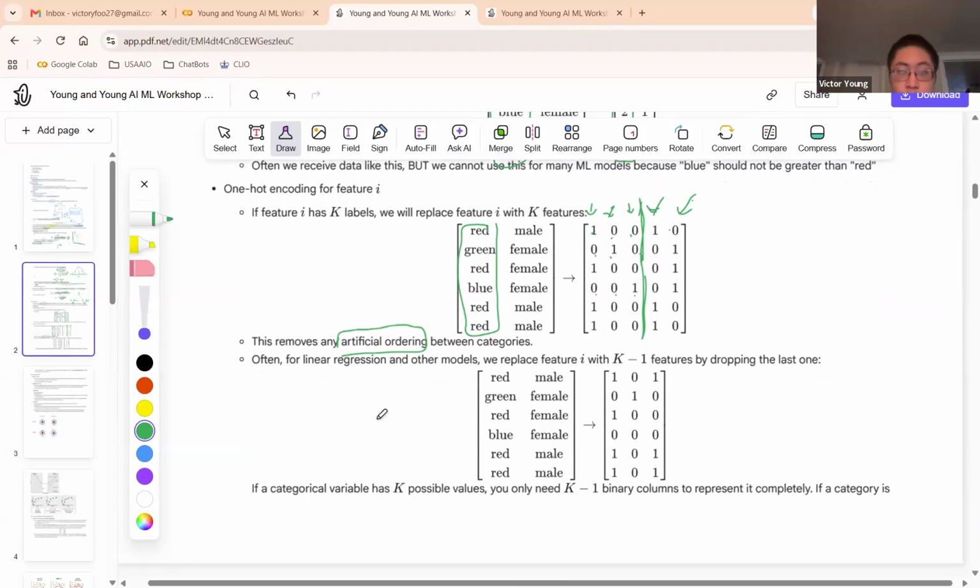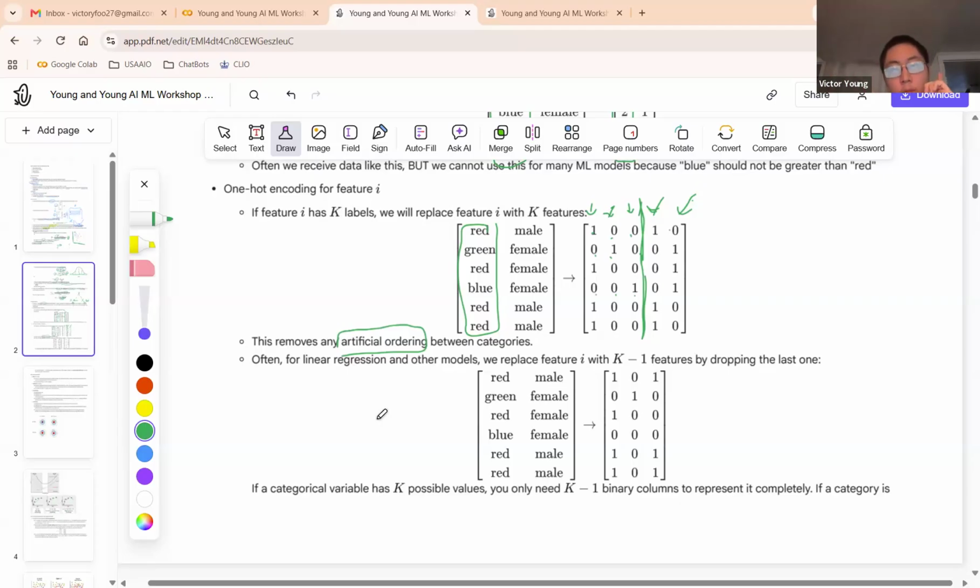If red is 0 and green is 1, we know it's already green, so it cannot be blue, so blue is 0. If red and green are both 0, we still know what blue is because blue has to be 1. So if we get rid of the blue column altogether, and we just look at red and green, we can figure out what blue is.